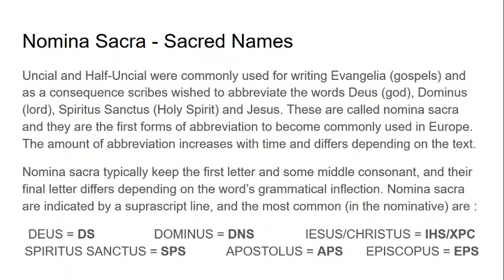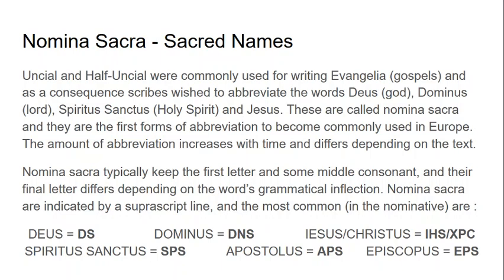The way that nomina sacra are formed, they normally keep the first letter and some middle consonant, and they just chop off the vowels, and the final letter inflects for Latin declensions. They're also usually indicated by a line above the letters that are remaining from that word.